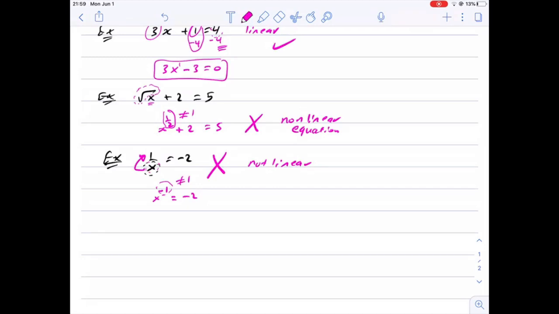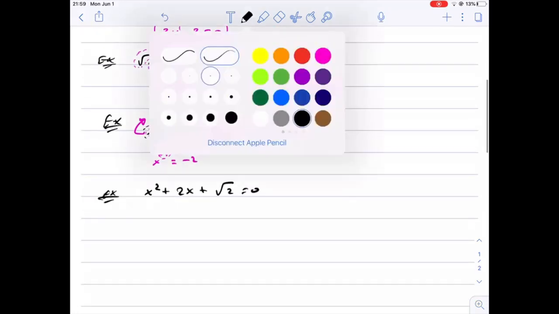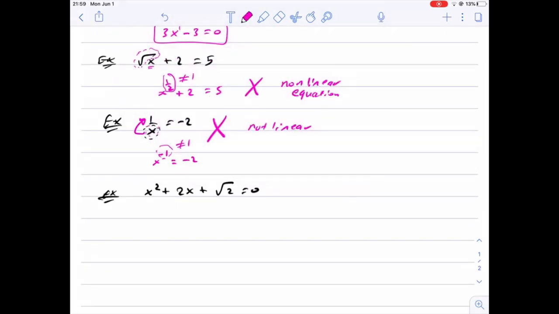What about the equation x squared plus 2x plus square root 2 equals 0? Now we need to focus on the variables. The variable here is x, but we have some powers. The power here is 2, the power here is 1, but the highest power is not equal to 1.